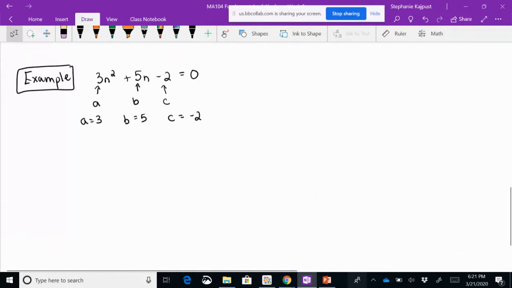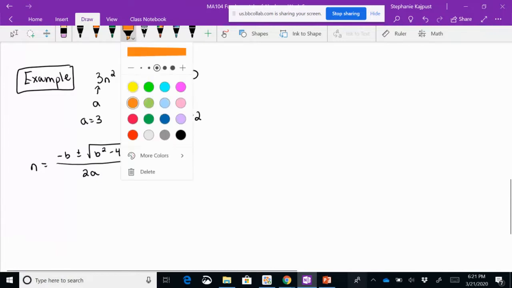So quadratic formula, I'm going to rewrite it. This time I'm going to use n equals because our variable is n. So it's -b plus or minus square root of b squared minus 4 times ac, all over 2a.